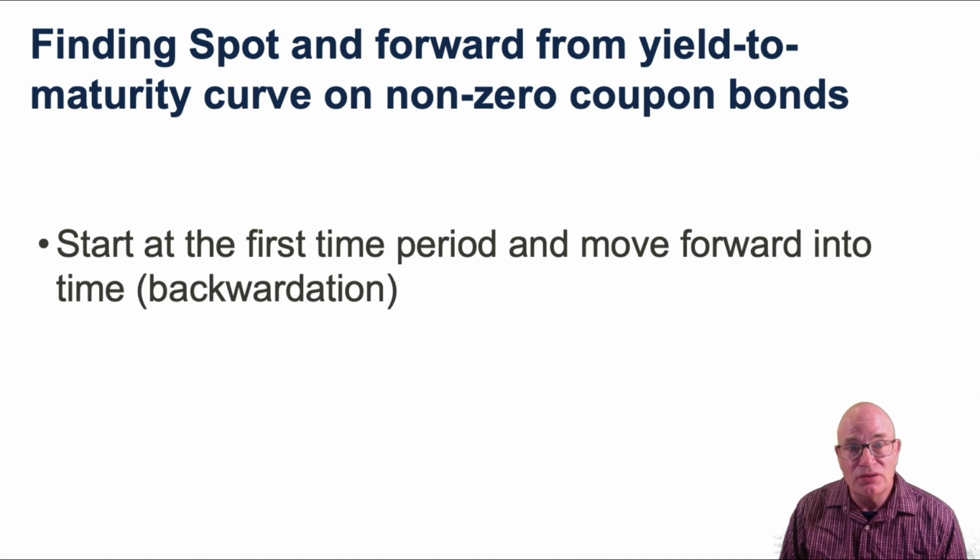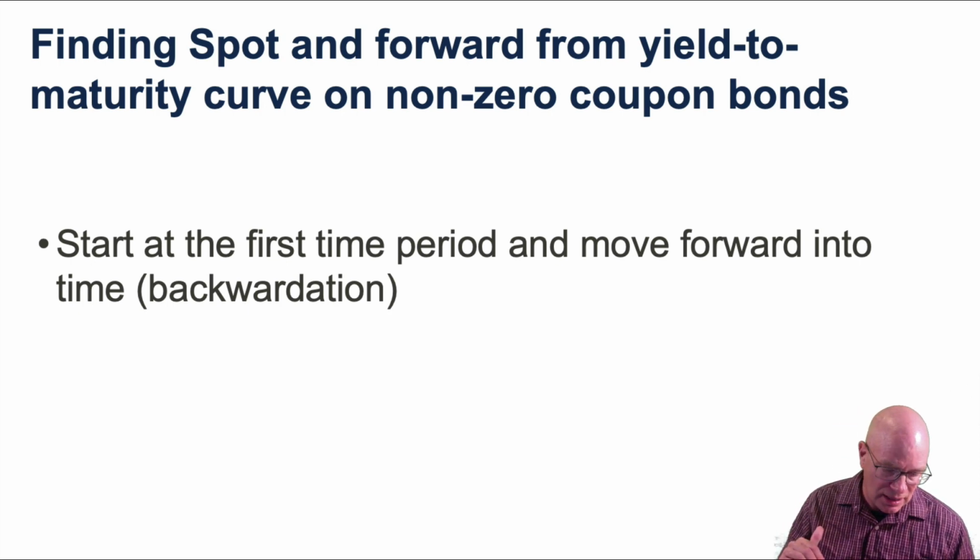What we have to do is a process called backwardization. If you want to know how to do it, you can look it up on Google, just search yield backwardization. It is a pretty straightforward procedure, but it does take some time to do.